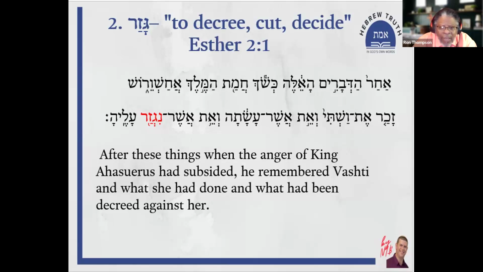After these things, when the anger of King Ahasuerus had subsided, he remembered Vashti, what she had done, and what had been decreed against her.